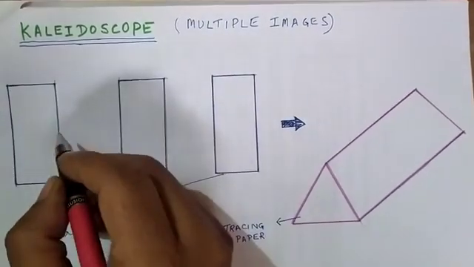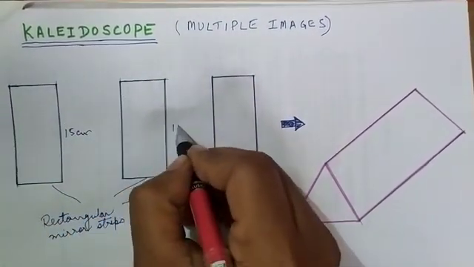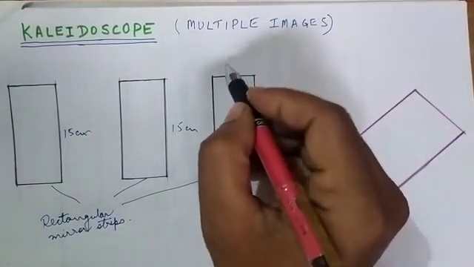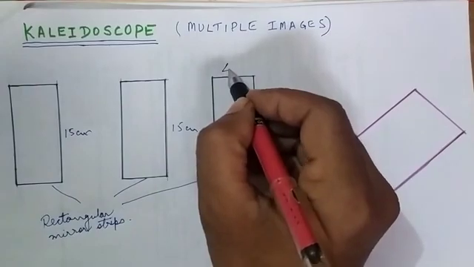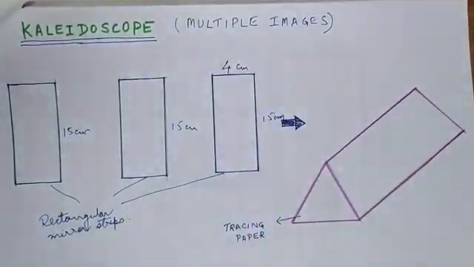Suppose this is 15 centimeter, so all of them will have the same dimension. It can be any dimension of your choice, say 15 by 4 centimeter or 15 by 5 centimeter.